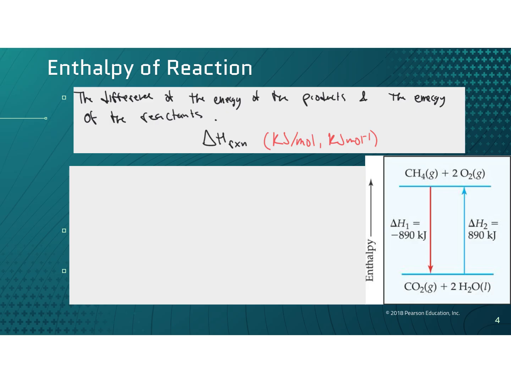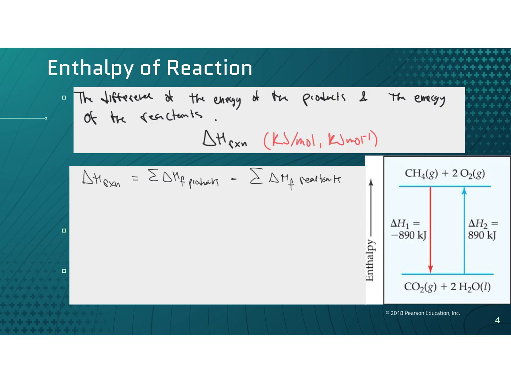Now, if you want to measure the delta H, the change in enthalpy of a reaction, that's going to equal the sum of delta H of formation of the products minus the sum of the delta H of formation of the reactants.